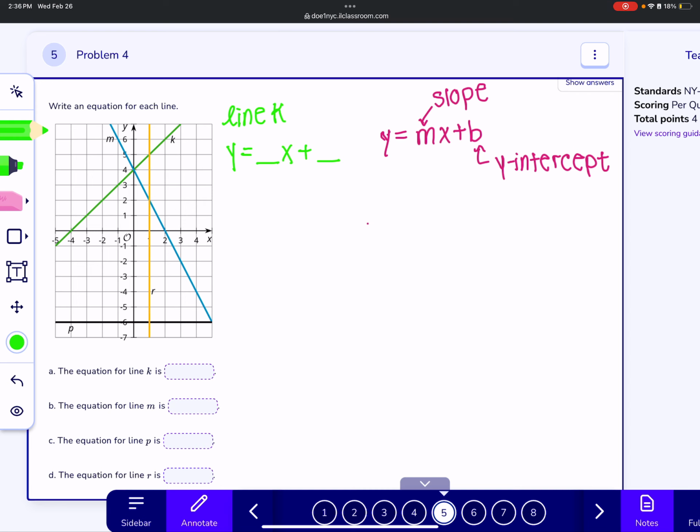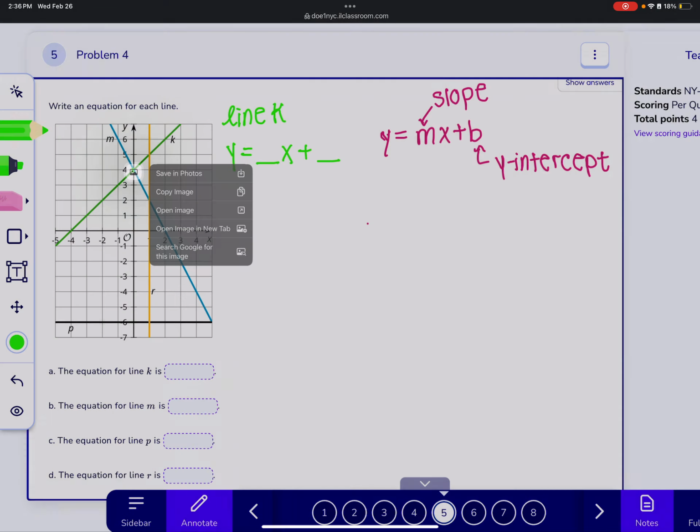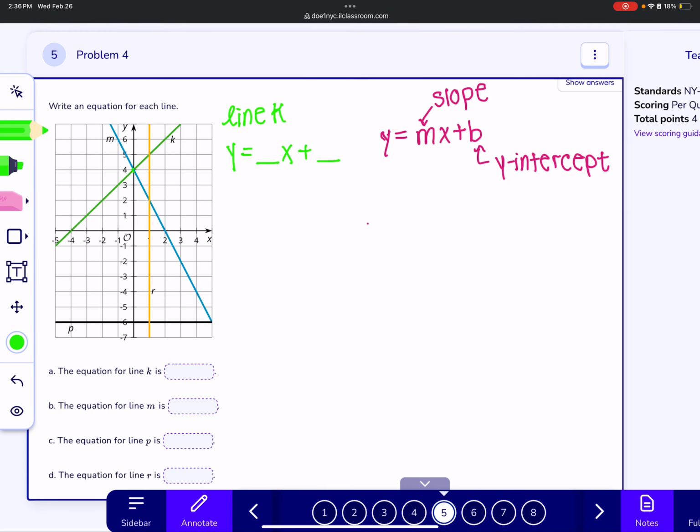So the first thing we want to focus on is the y-intercept. This green line crosses the y-axis at 4. So I know that the y-intercept is 4. This means that when x is equal to 0, y is 4.